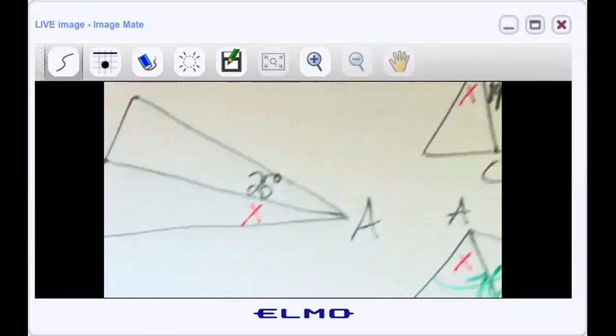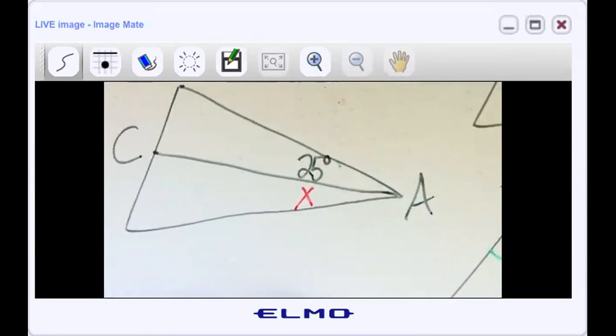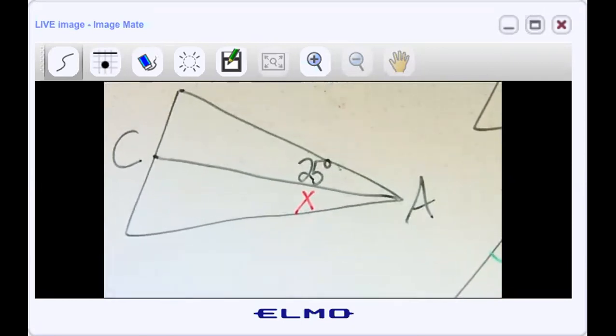What is the value of X in this first triangle? Do I have a volunteer or should I pick on you at random? Okay, I'll pick on you at random.